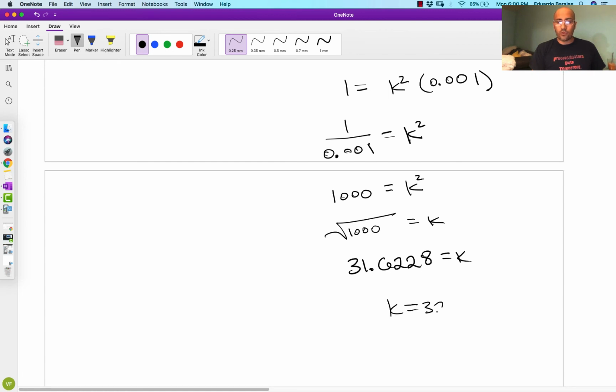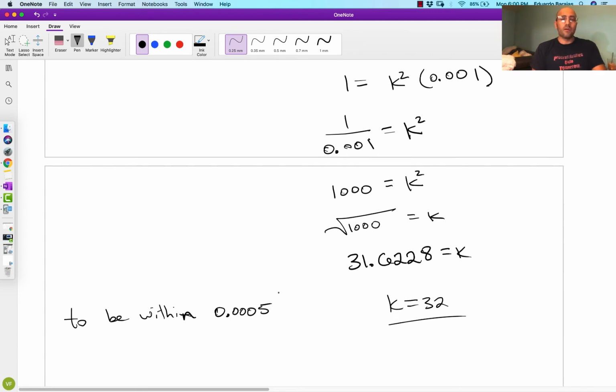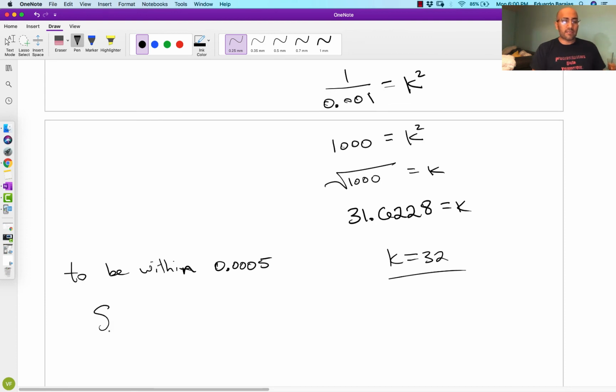If we want to be within 0.0005 or smaller, then we need to figure out S sub 32. The sum of the first 32 values will be within 0.0005 of the actual value S, right? That's what this means.